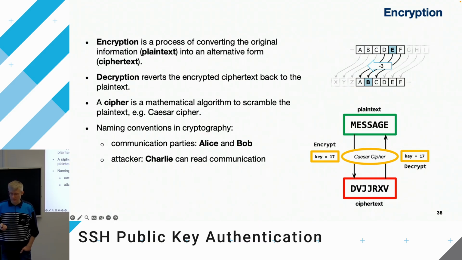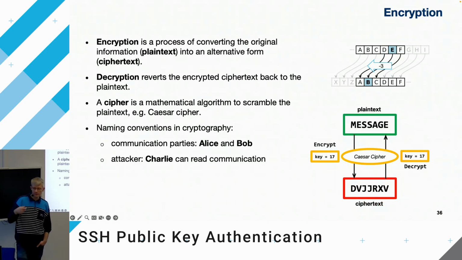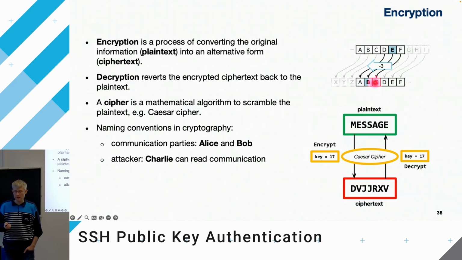For example, in this case with the -3, an E turns into a B. And we can apply it to the plain text, and then we get our ciphertext. Now, if you want to decrypt it again, turn the ciphertext into plain text, we use the same key, 17, but just move the letters in the opposite direction.